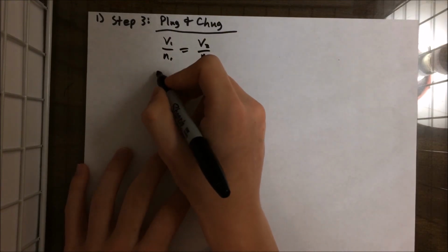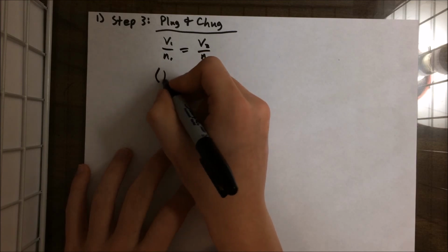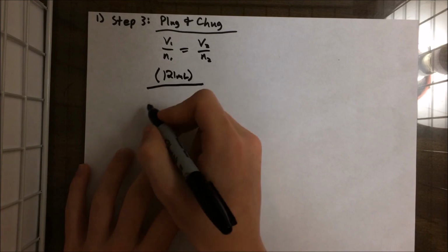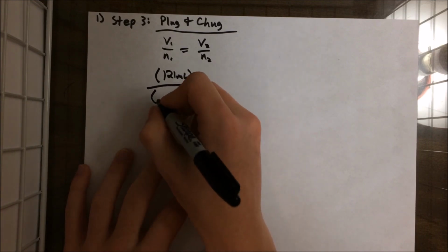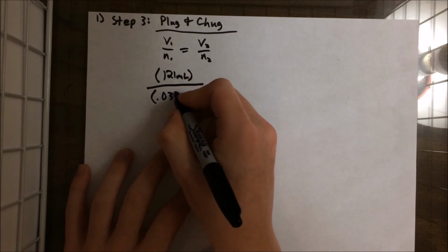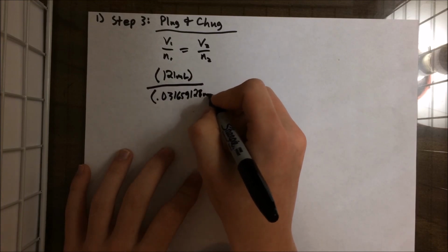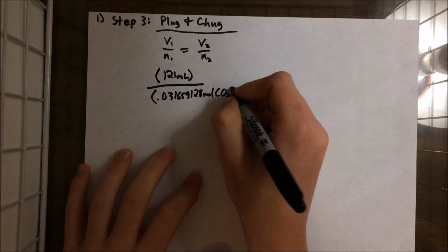So let's plug and chug. So the initial volume is 121 milliliters, and divide that by the initial amount in moles, which is 0.031659128 moles of CO2.